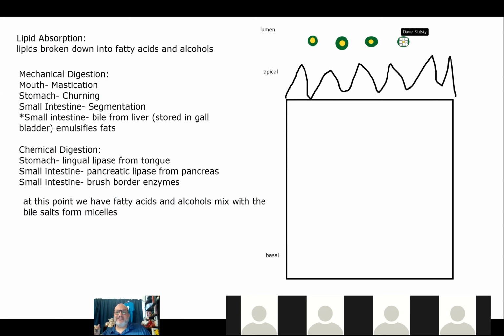So these micelles are combinations of the fatty acids. And this is going to need to be smaller. Fatty acids, alcohols, and the bile salts.